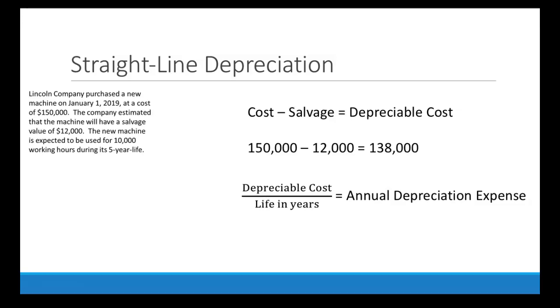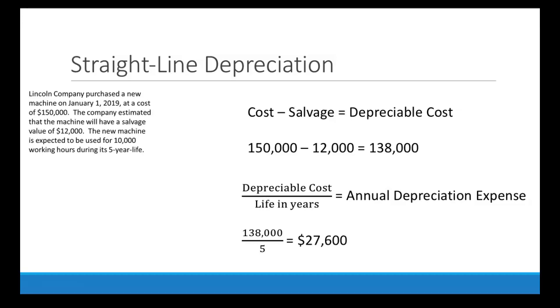Our life in years, we were told, was this 5-year life. Right? So we plug those numbers in. We take our 138 divided by our 5, and that's going to give us our annual depreciation expense of $27,600.